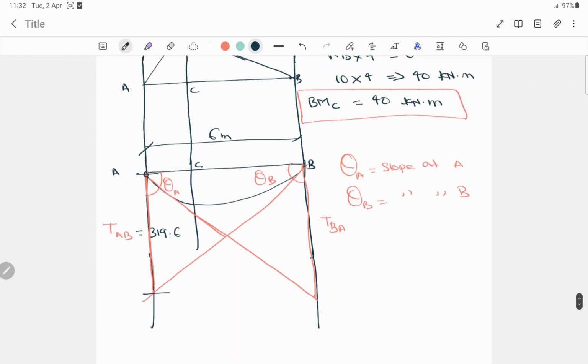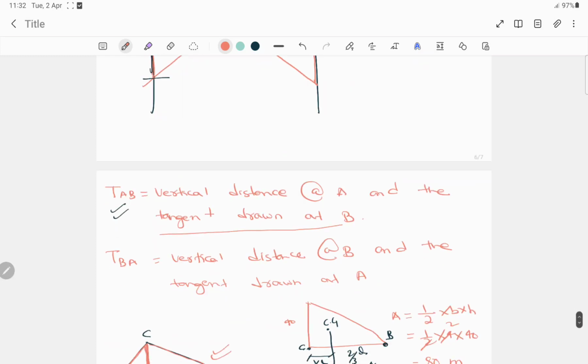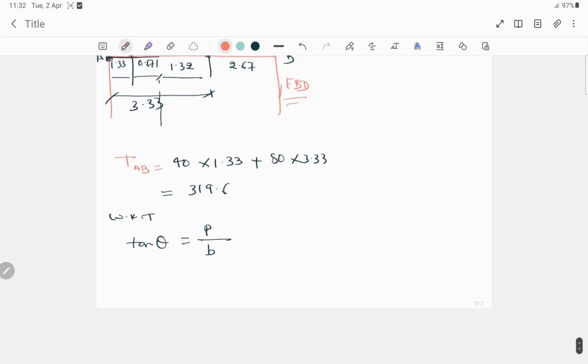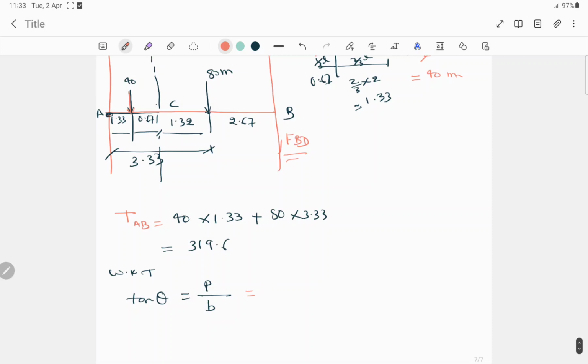So here this is the perpendicular distance and this is the base. So base is 6 and perpendicular is 319.6. So now we just need to put the value here. Theta will be tan inverse of 319.6 divided by 6, then we'll get the value around 53.26. So this is the value for theta A.